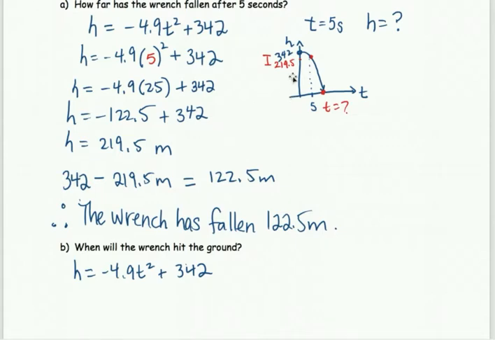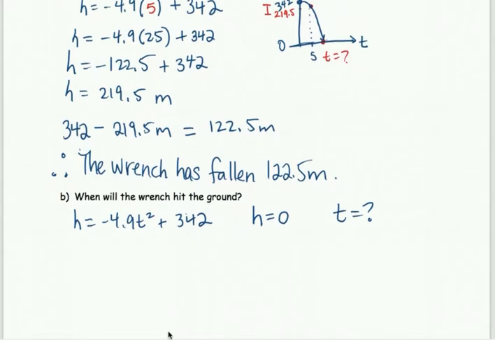It will be right here, and that is 0. So we know the height. When the height is 0, what will the time be? That's what we've got to figure out.